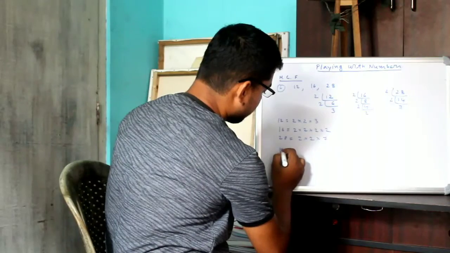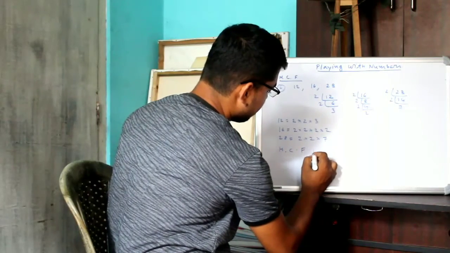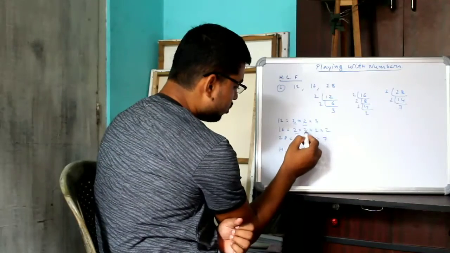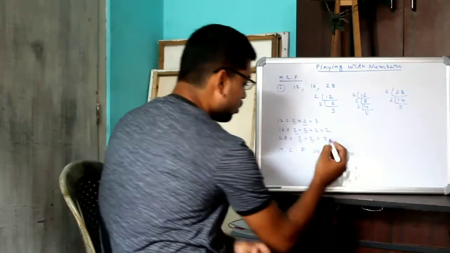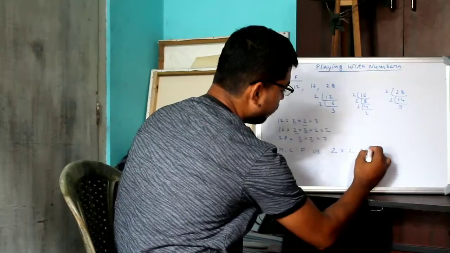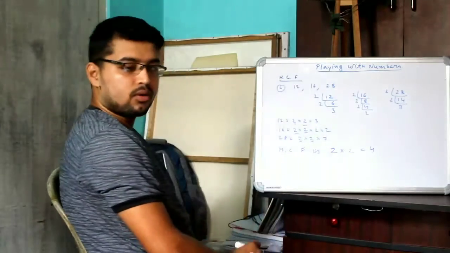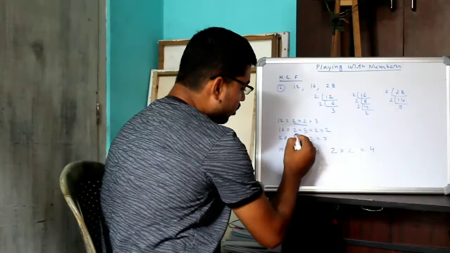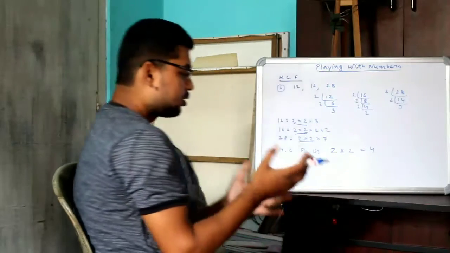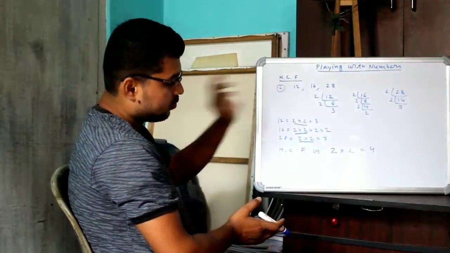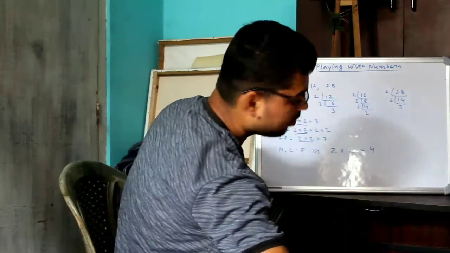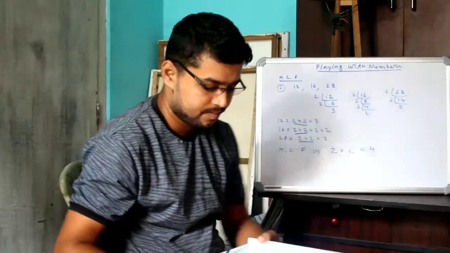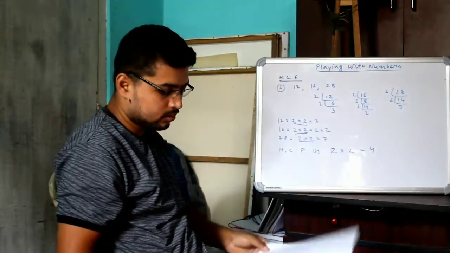So the highest common factor is 2 into 2, which equals 4. 2 into 2 is common in all three. So the highest common factor is 4. This is the process to find the HCF. This is called the prime factorization method.